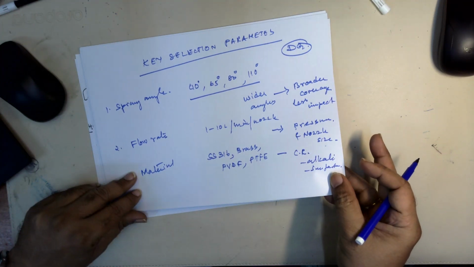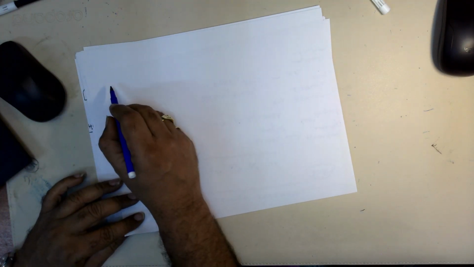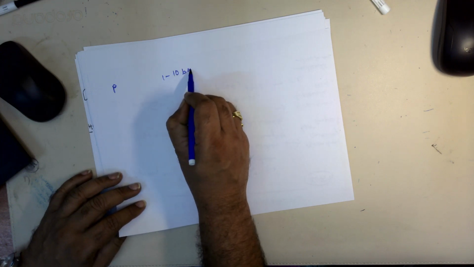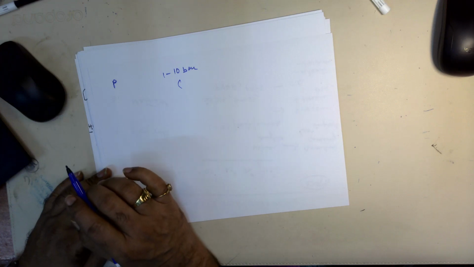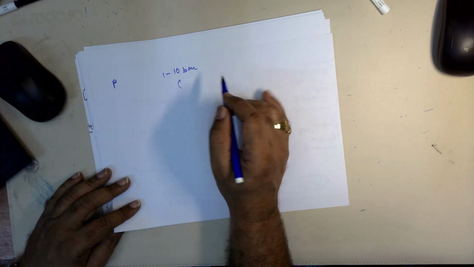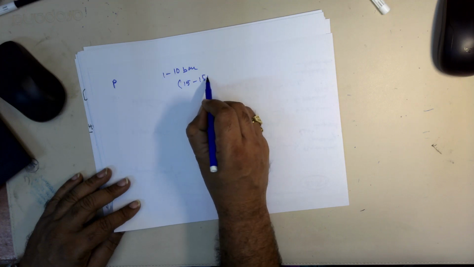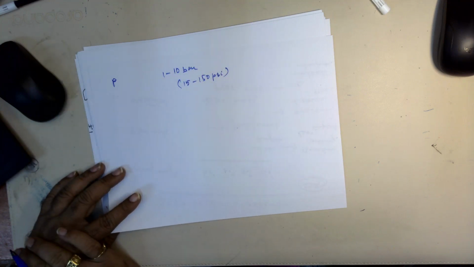And the fourth parameter is much more important, that is the operating pressure. Usually it is given in 1 to 10 bar. But in terms of pounds per square inch, that is PSI, roughly 1 into 15. So 15 to 150 PSI. So this is the pressure to be maintained.